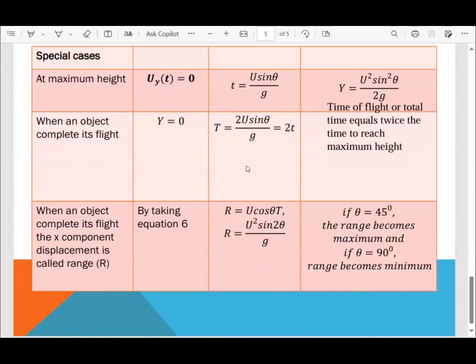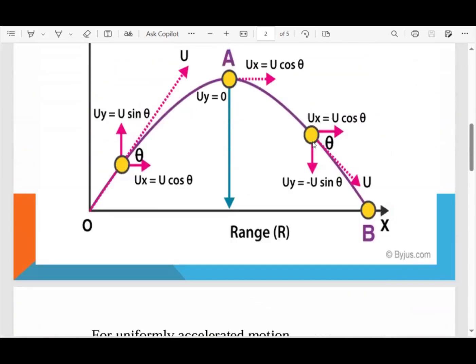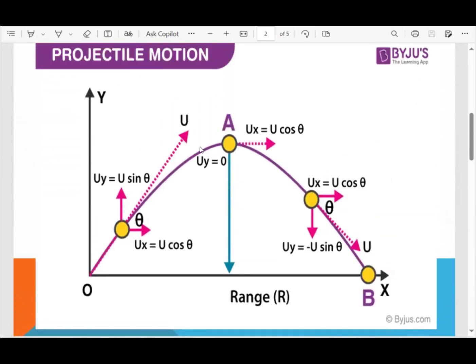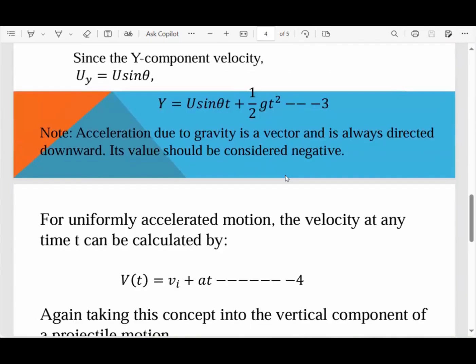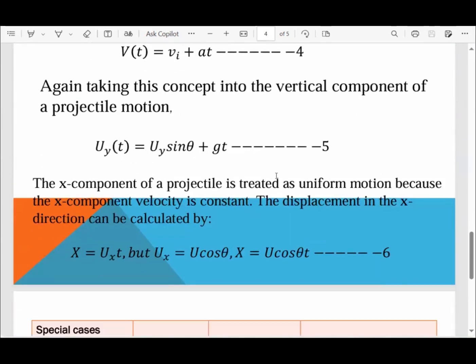Now let us see special cases. When we are talking about special cases, let me show you everything by using this diagram. When an object reaches maximum height, before it returns back, the y component velocity of the object is equals to 0. So 0 is equals to u sine of theta plus g t.